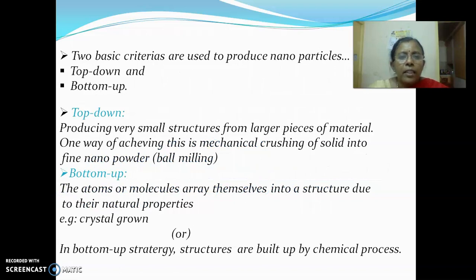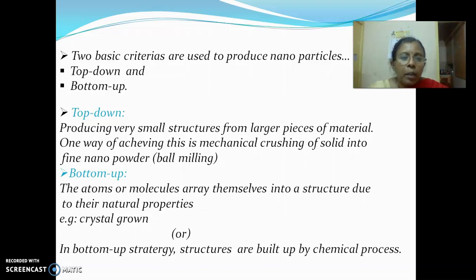There are two basic criteria used to produce nanoparticles. The first one is the top-down and the second one is the bottom-up approach. In the top-down approach, very small structures are produced from larger pieces of material. One way of achieving this is mechanical crushing of solid into fine nanopowder, that is the ball milling method.